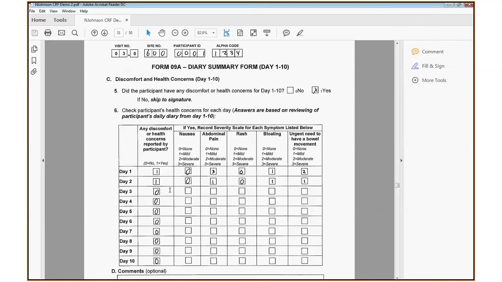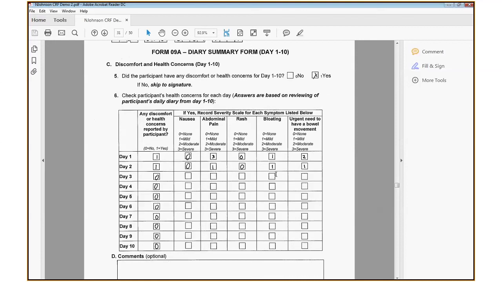Yes. And then you'll indicate from the different levels. It'll be 0 for the days when there are no health and discomfort and none of this other information needs to be completed, and 1 for the days when there are any kind of discomfort reported. Joe had some abdominal pain, which reduced, and some bloating, and urgent need to have a bowel movement.